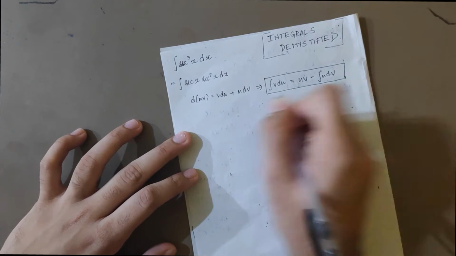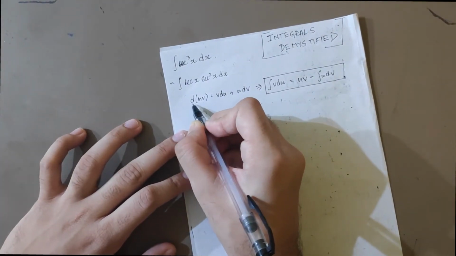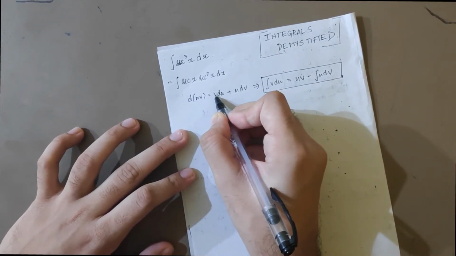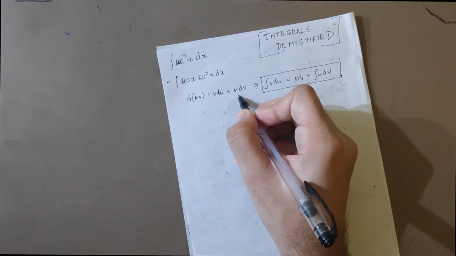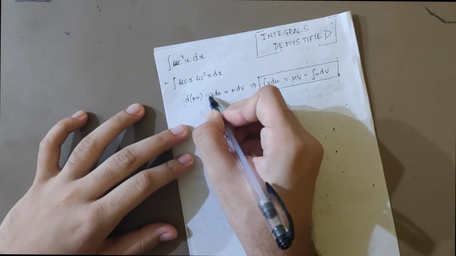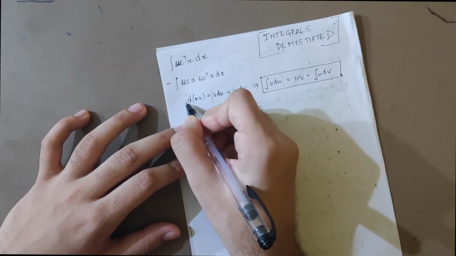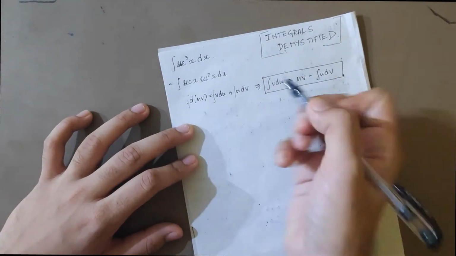Look at this. uv is a function of variables u and v. The total derivative of uv will be v du, a derivative when u is considered constant. And if I apply the integral sign on both sides of the equality sign, d and the integral sign get annihilated and you have uv. And let's take this to the other side.